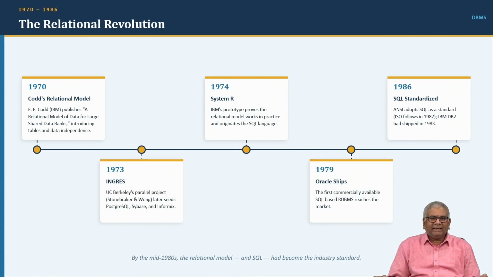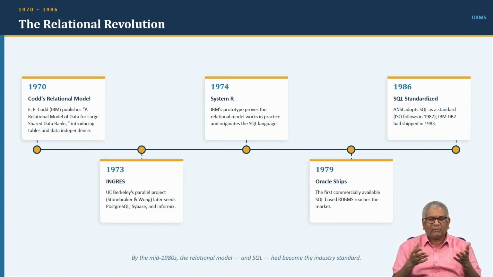Now in 1970, there was a revolutionary paper written by Edward F. Codd from IBM, which talks about relational data models. The paper titled as a relational model of data for large shared data banks. That's pretty much the title of the paper. He actually provided insights into how data can be stored using a relational model.